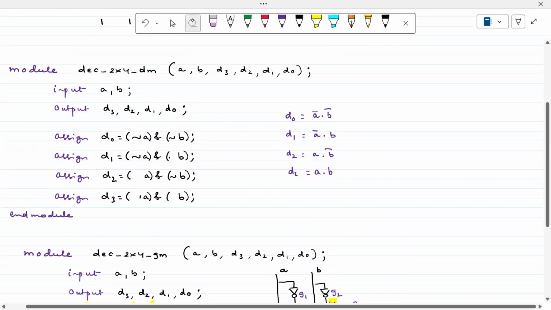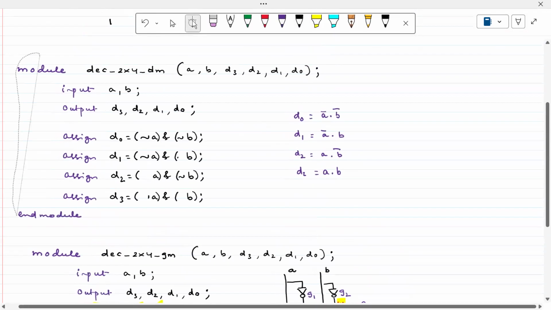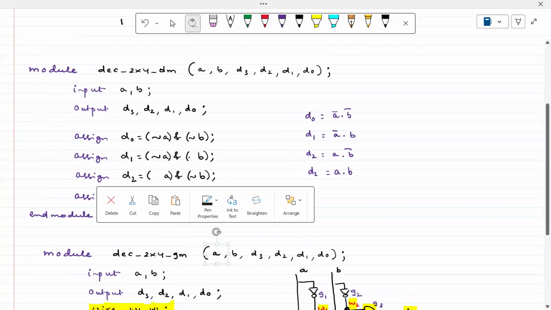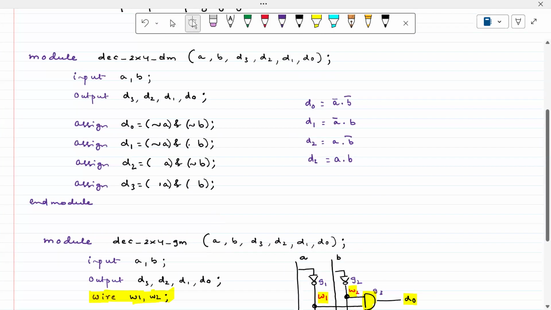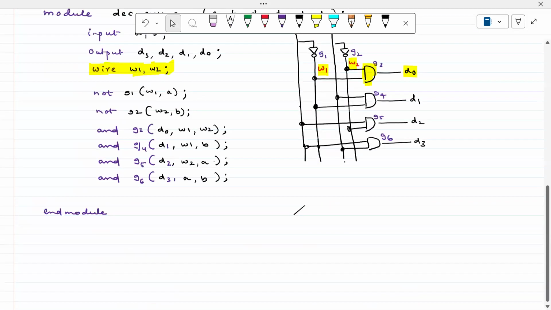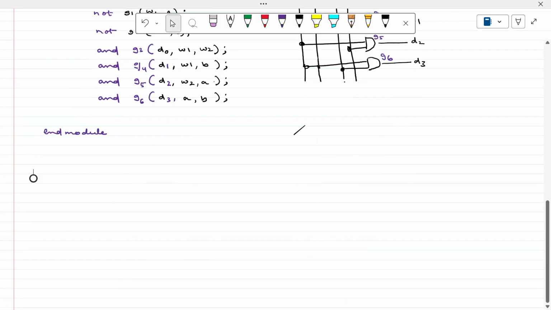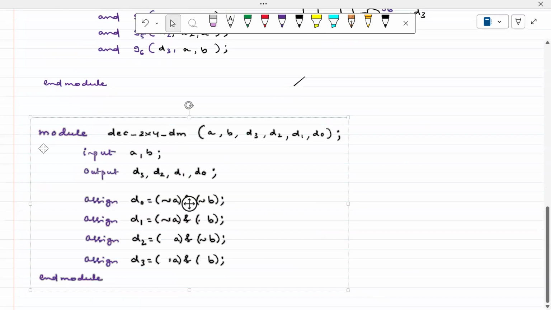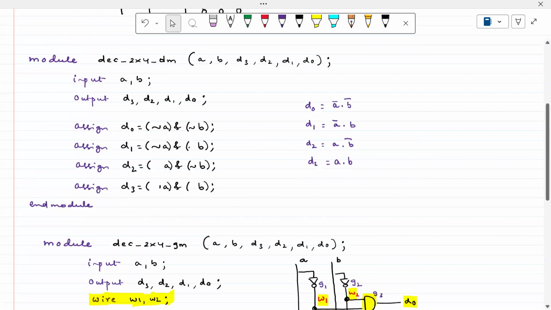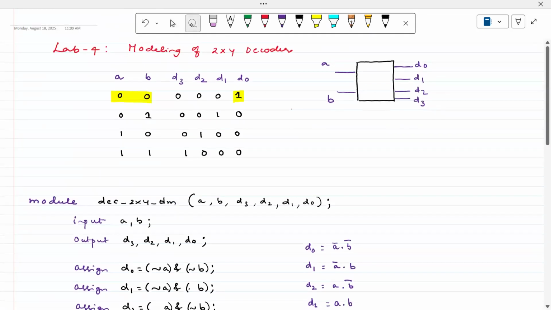Now the same program I want to copy in order to write the behavioral modeling for it. Copy. I want to paste here. Okay. So what is the prerequisite for this to write? It is required, right? Let me go and take that one.